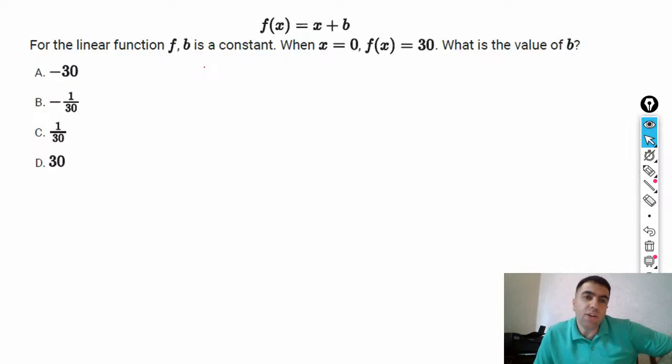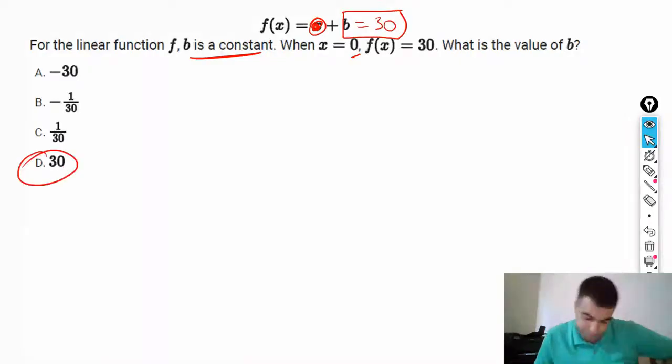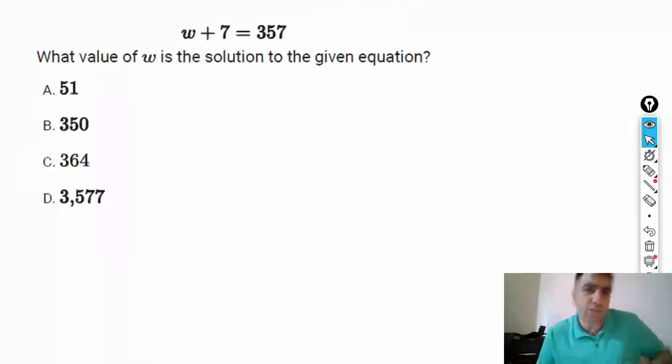For the linear function f, b is a constant, and when x is equal to 0, f of x is equal to 30. What's the value of b? We should write 0 in the place of x right here, and it is 30, so we see that b is equal to 30. Okay, this was D. Mrs. Seljan, Mr. Turan, and Mr. Saib, you were all right here. Mrs. Saida said D, okay, you were also right. Let's continue with the next question.